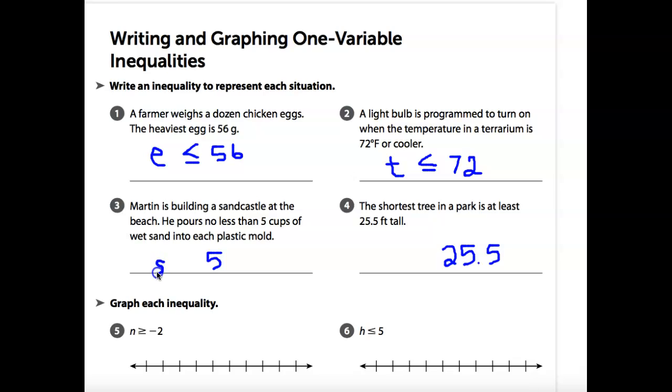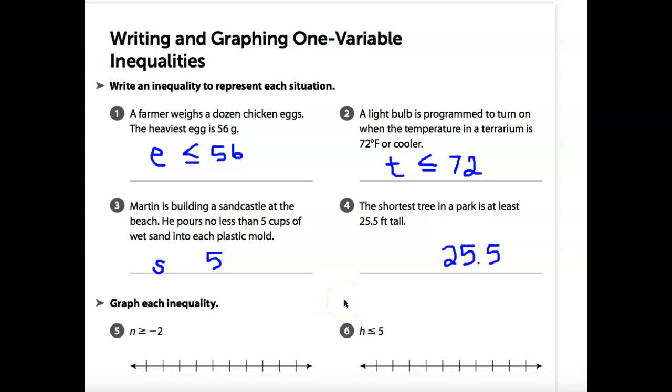Okay, so we're going to say sandcastle. He pours no less than this. So there's not going to be 4 or 3 or 2. So what would we put here? If the smallest is going to be 5, then everything else has to be what? It can be 5 or it can be no less than 5. So you put the inequality sign in there for what you think it is.